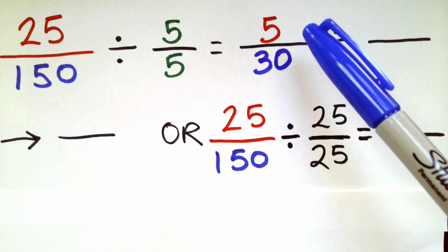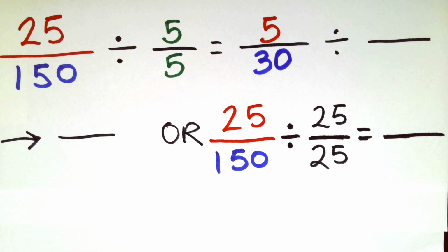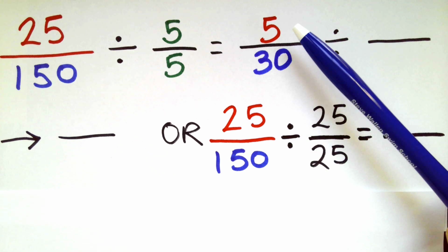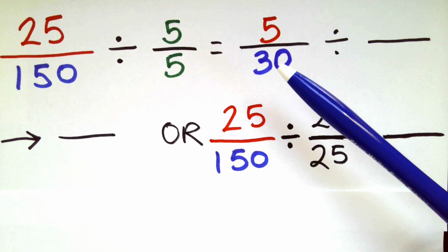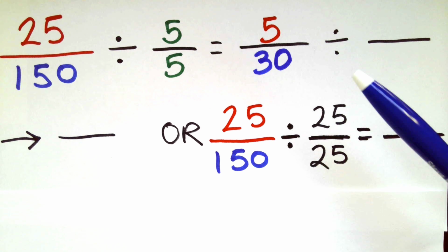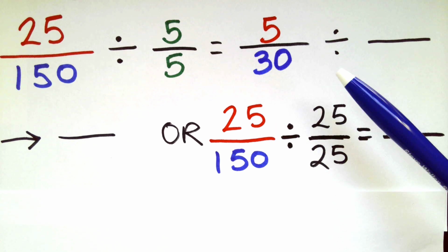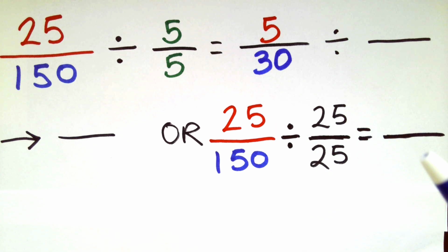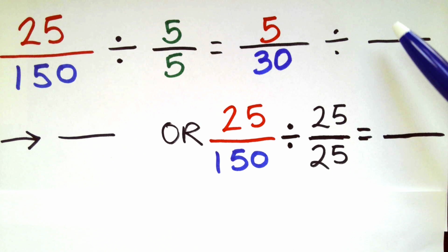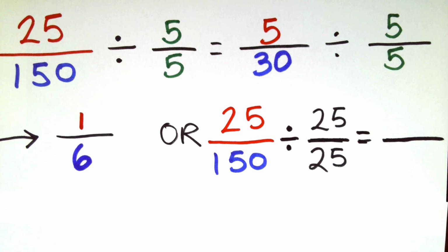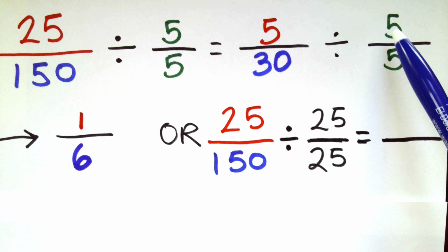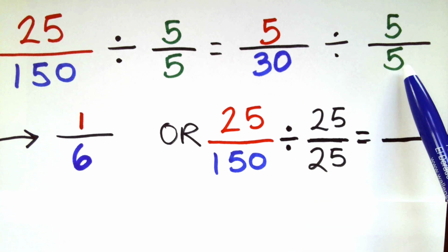So, is 5 divisible by 5 without leaving a remainder? Yes. Can you divide 30 by 5 without a remainder? Yes. So I'm going to divide again 5 into top and bottom. We're going to divide 5 by 5 and 30 by 5.